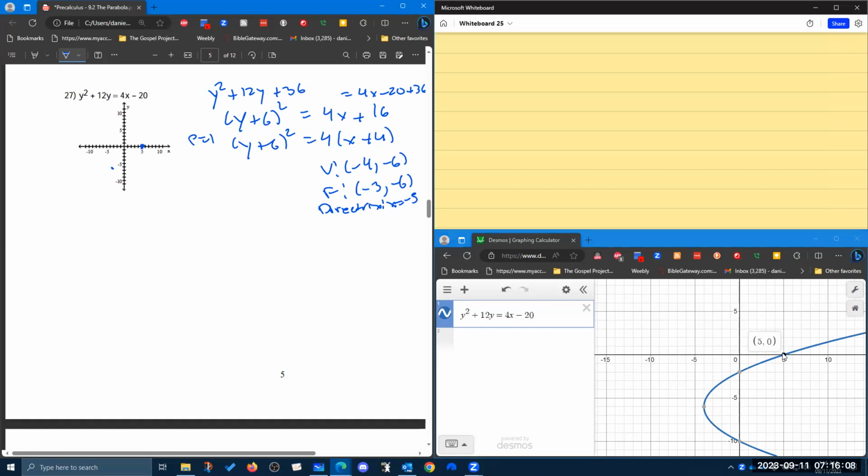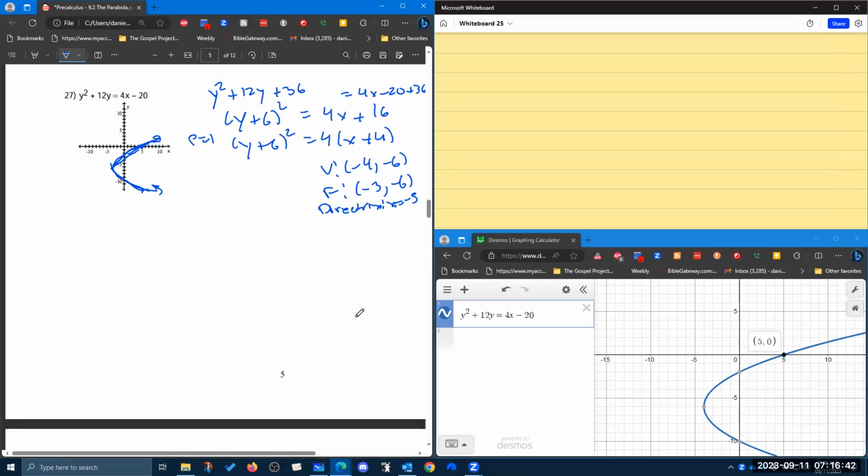And that is 9 to the right. And then it's going to be 6 up. So 9 to the right and 6 down. Should be at -12 down here. Roughly down there. So I should be able to get my parabola looking like that.